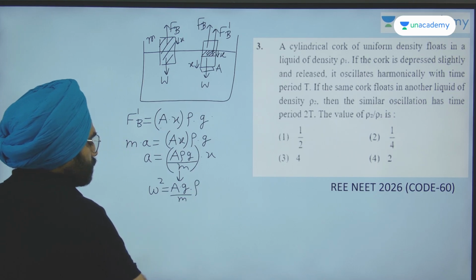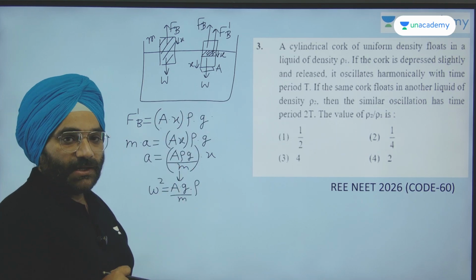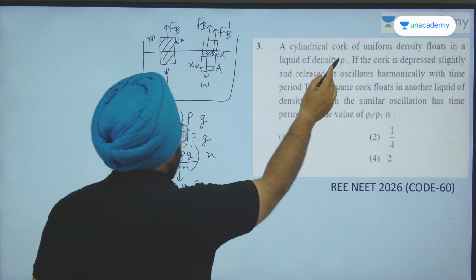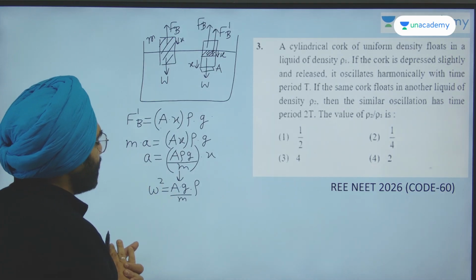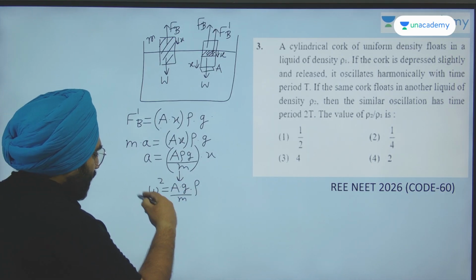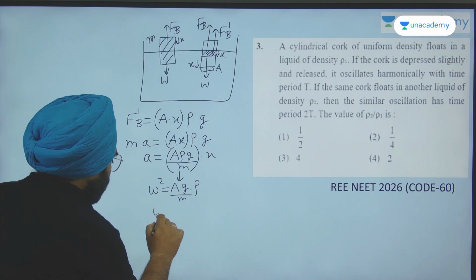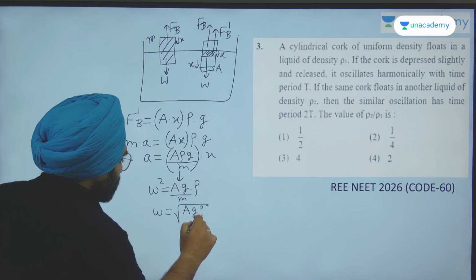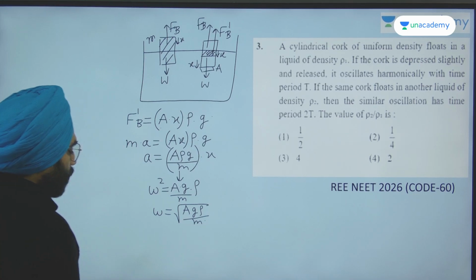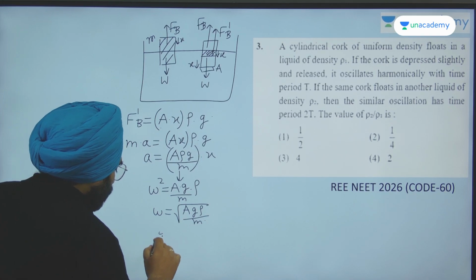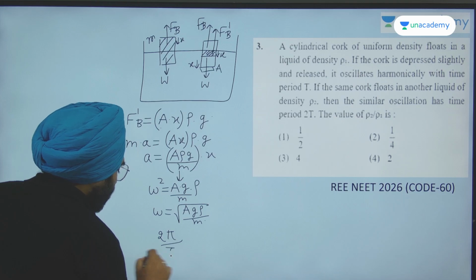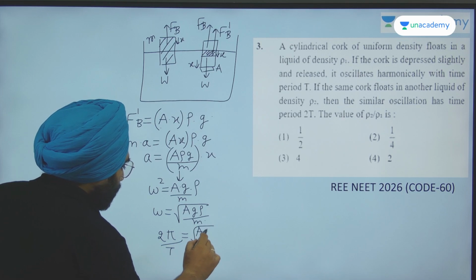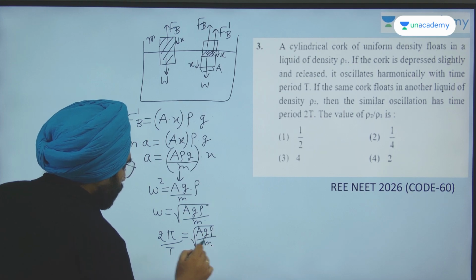In the first case we have taken density rho 1. First of all, I will write it in terms of time. Omega will be root of A g rho by m. So 2 pi divided by t equals root of A g rho by m.